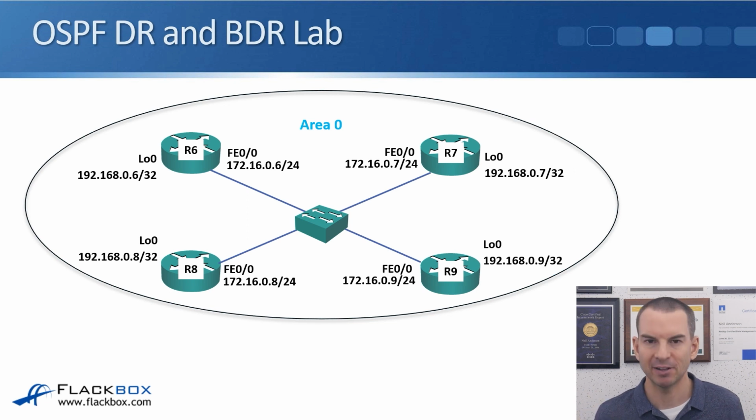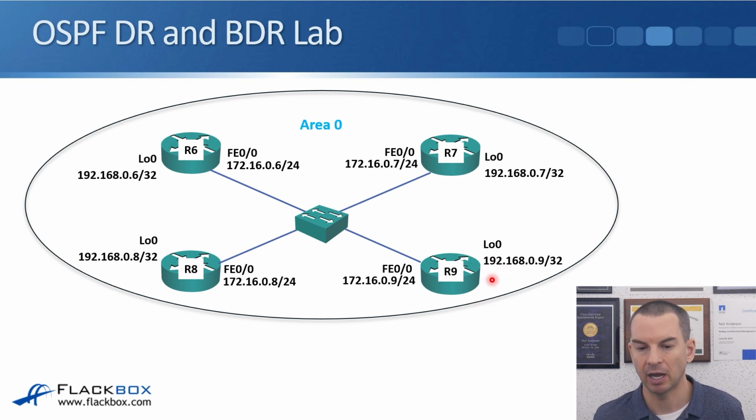Okay, so the answer is that R9 will be elected as the DR and R8 will be elected as the BDR. I didn't say anything about configuring an OSPF priority, so all 4 routers will have the default priority of 1, and it's the router which has the highest router ID which will be elected as the DR. On the routers here, they've got loopback interfaces, so it will be the loopback address which is used as the router ID.